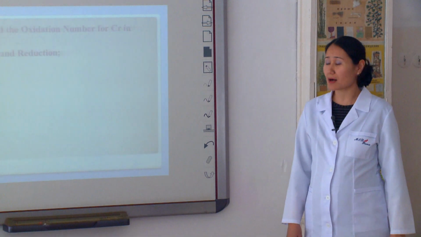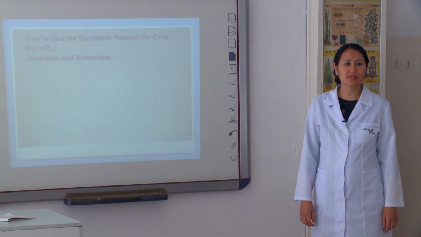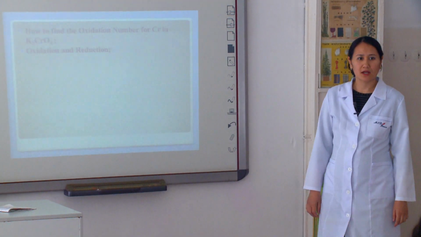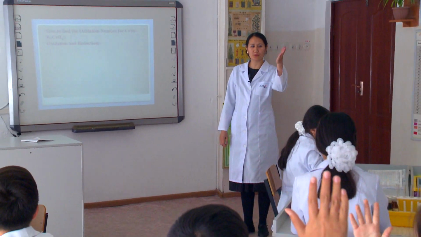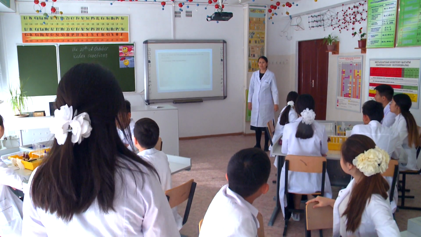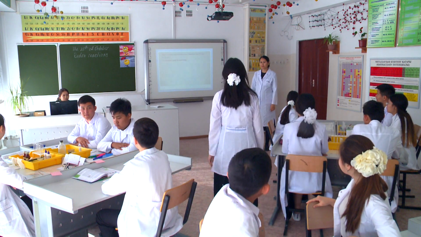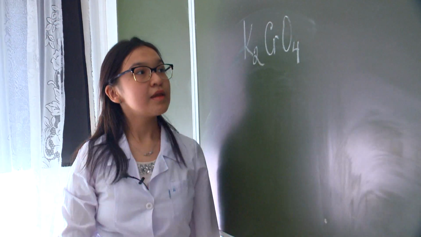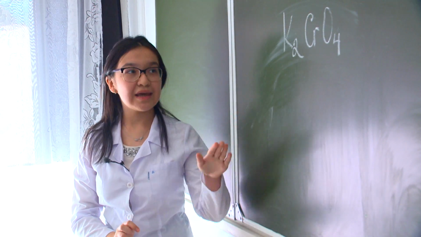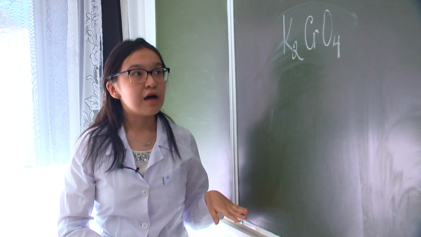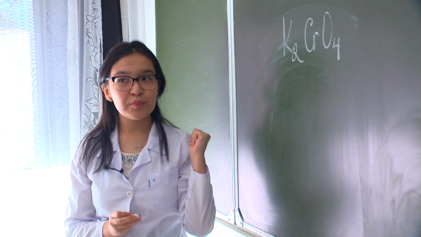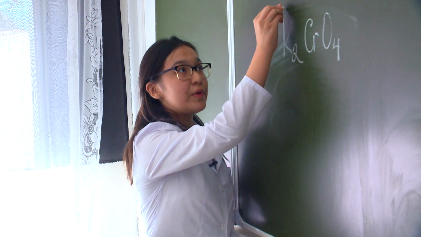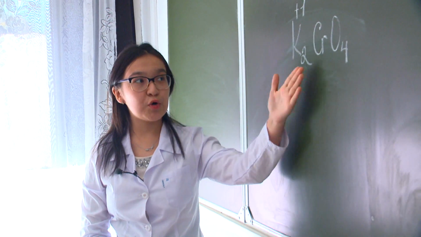The first question: how to find the oxidation number for chromium in potassium chromate? Ulpan, come to the blackboard. We are going to find the oxidation number of chromium in K2CrO4, potassium chromate. Potassium is in the first group, so we give +1. We don't know chromium.